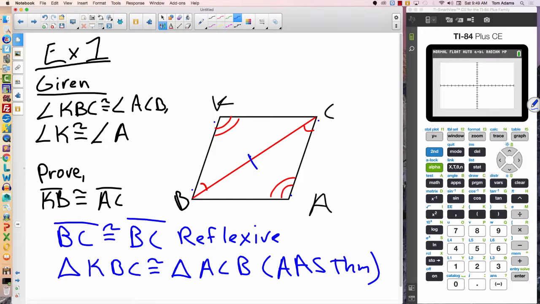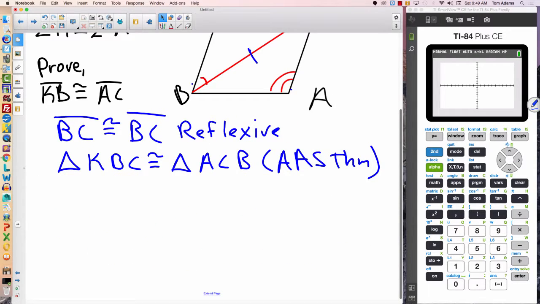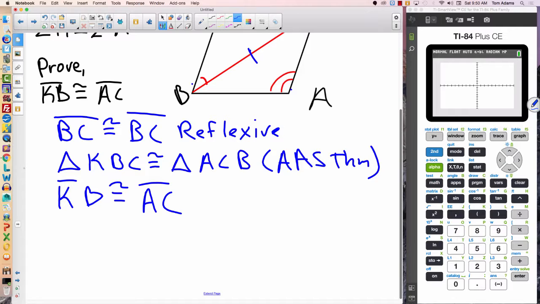So now, the next step in this little proof that I have here is that I could say that KB is congruent to AC, and I would say because of the corresponding parts of congruent triangles are congruent.